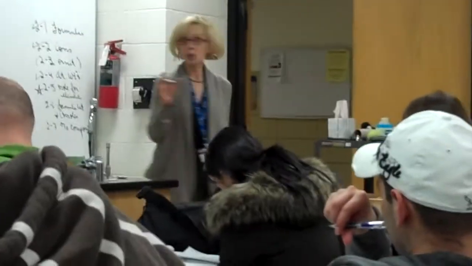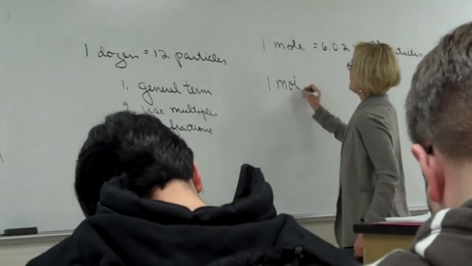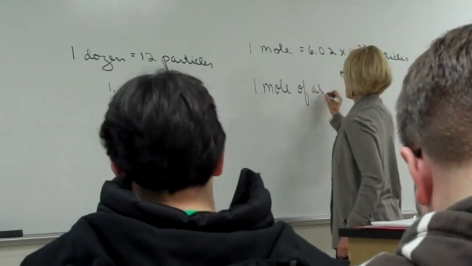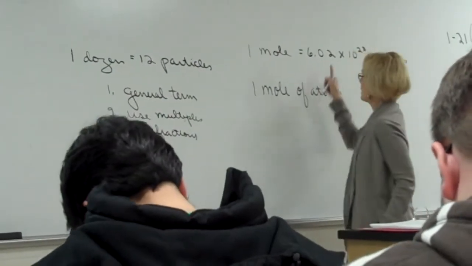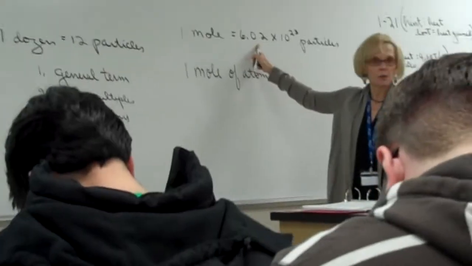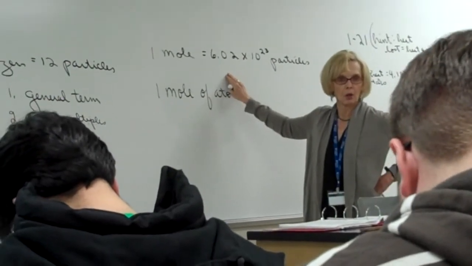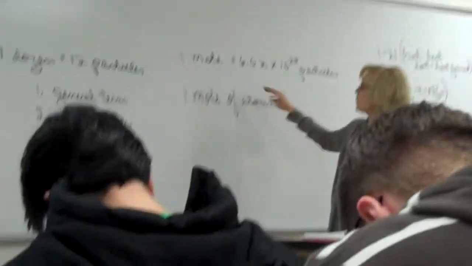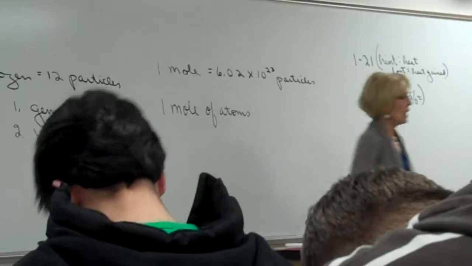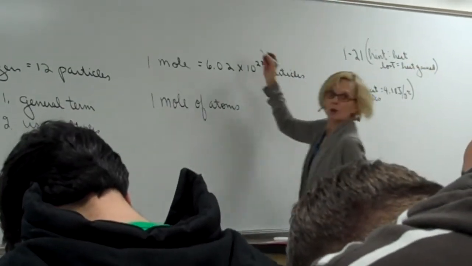It's a general term. I can talk about 1 mole of atoms, and I have 6.02 times 10 to the 23rd. Need to know this number. Okay? 6.02 times 10 to the 23rd. It's a huge number.